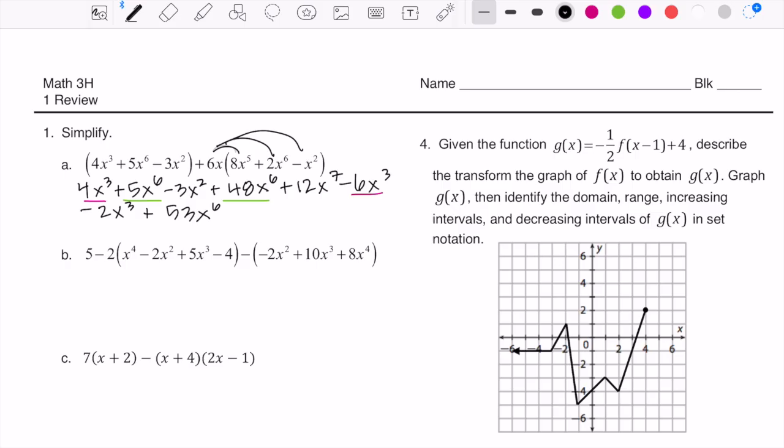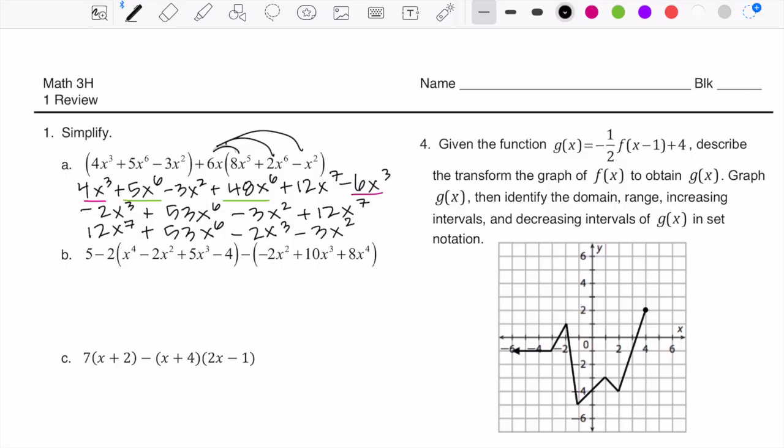And then the other two don't have anything like it. So I'm going to write that, and then from here, I'm going to put them in descending order. So I have 12x to the 7th plus 53x to the 6th minus 2x cubed minus 3x squared.